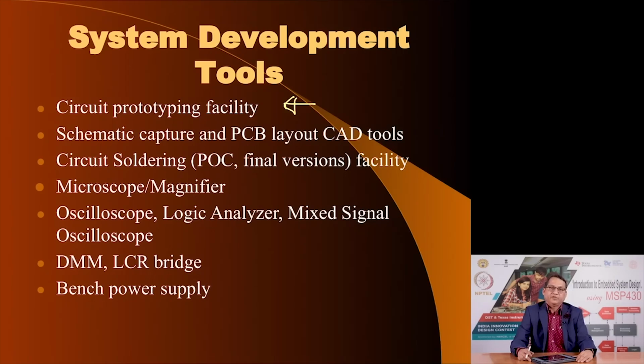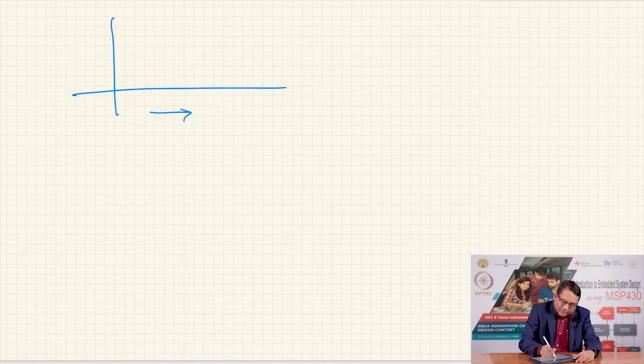For electrical observations, you may need an oscilloscope and a logic analyzer, which is nothing but like an oscilloscope, except you are able to look at multiple channels as a function of time. An oscilloscope allows you to look at a time versus voltage plot of any waveform. This is your oscilloscope.